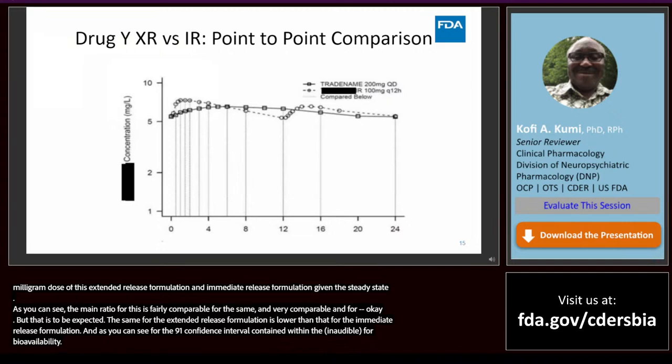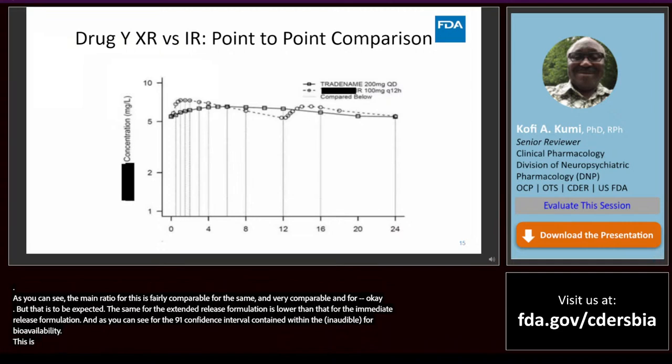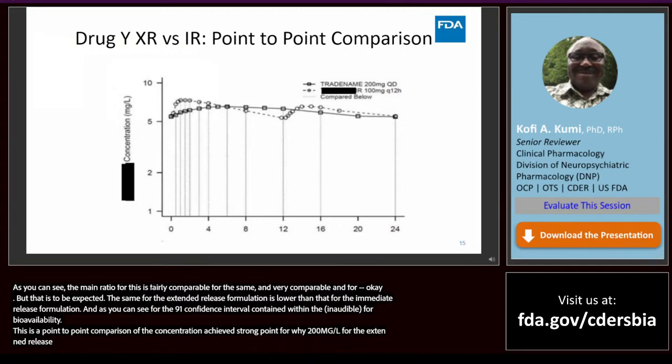This is a point-to-point comparison of the concentration at each time point for drug Y, 200 milligram QD of the extended release formulation, and 100 milligram every 12 hours for the immediate release formulation.